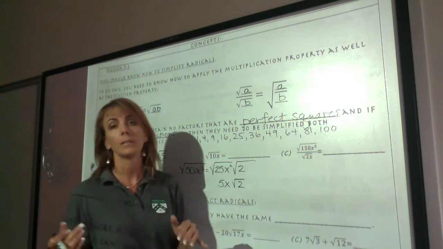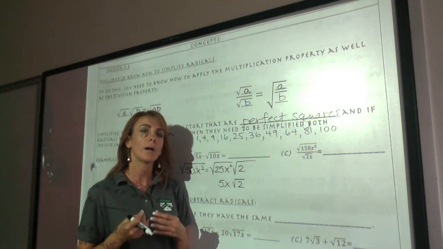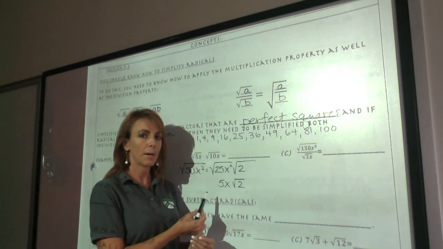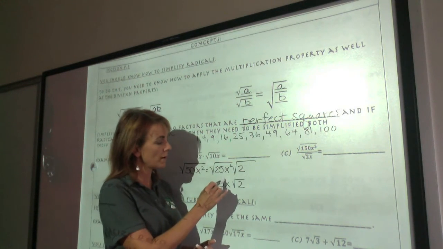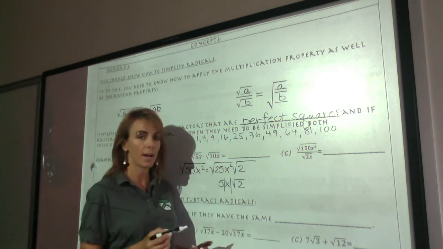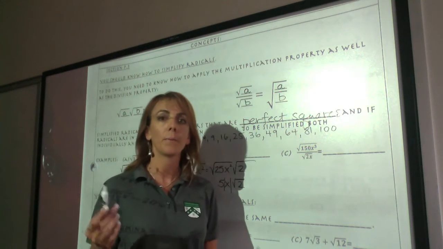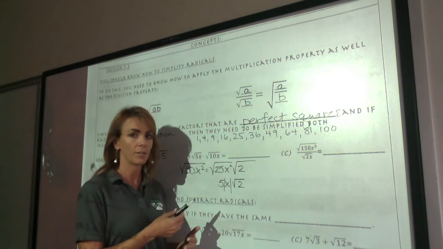Now, many textbooks will say we want our result here to always be positive, so truly we want to say that this is the absolute value of x. However, in the Pearson product and MyMathLab, they don't require the absolute value sign.